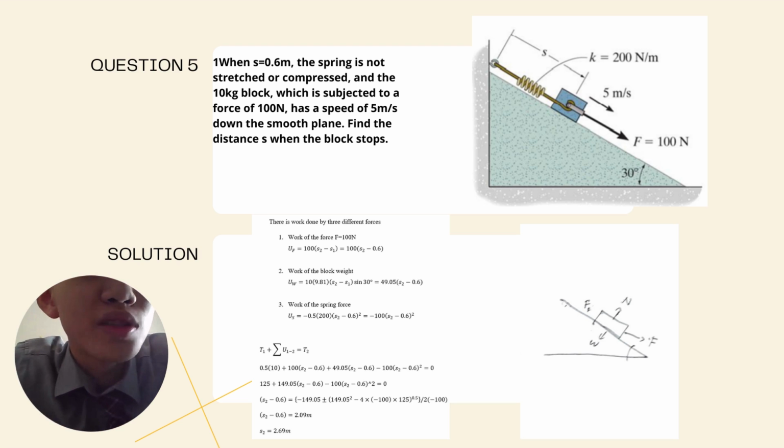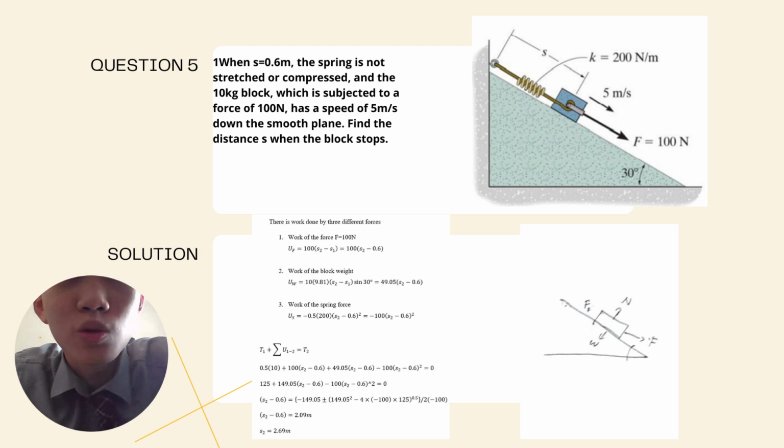Now we will integrate both sides with displacement and we will get integrate force with respect to displacement equal to integrate mass multiply velocity with respect to velocity. So we will insert the initial position and the final position which is coded as 1 and 2.